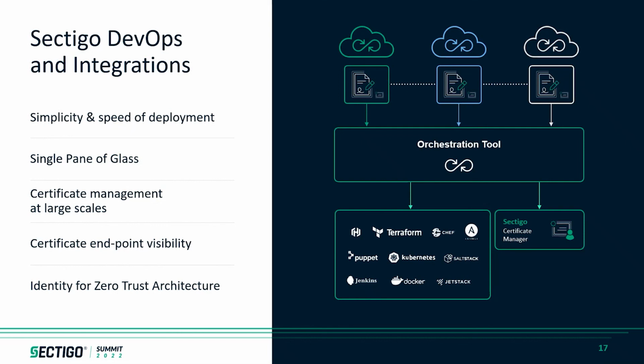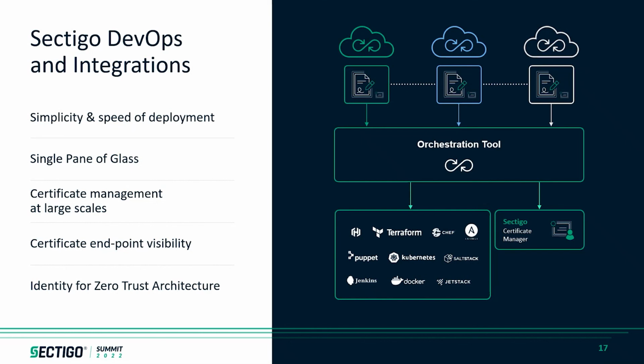I just wanted to bring your attention to the fact that Sectigo does support a number of third-party integrations that allow you to easily address issuing machine identities. Our approach to DevOps integrations allows you to scale your management of physical and virtual machines as well as containers. And you'll see continued investment in this area for the rest of 2022 and beyond.